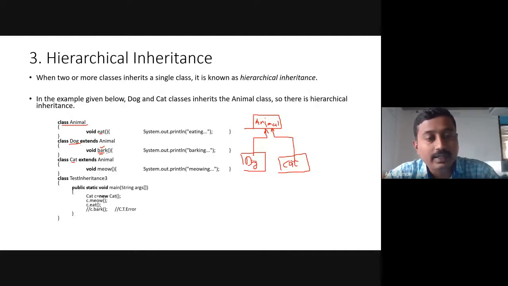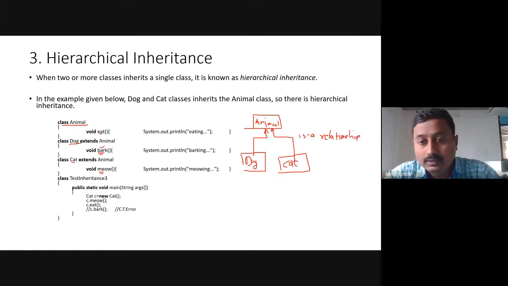So it is adding its own functionalities. Cat has a specific functionality of meow, right? So here what we achieve through inheritance, we achieve an is-a relationship. Remember this is-a relationship. This concept will come later on. Is-a relationship.